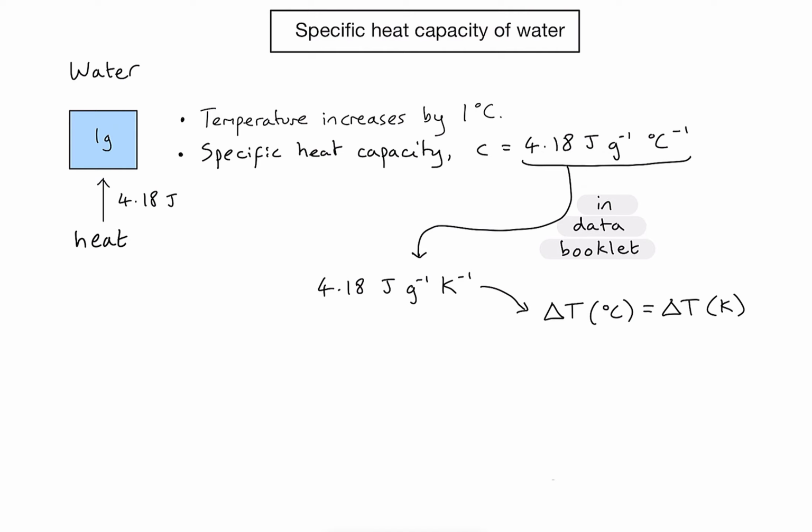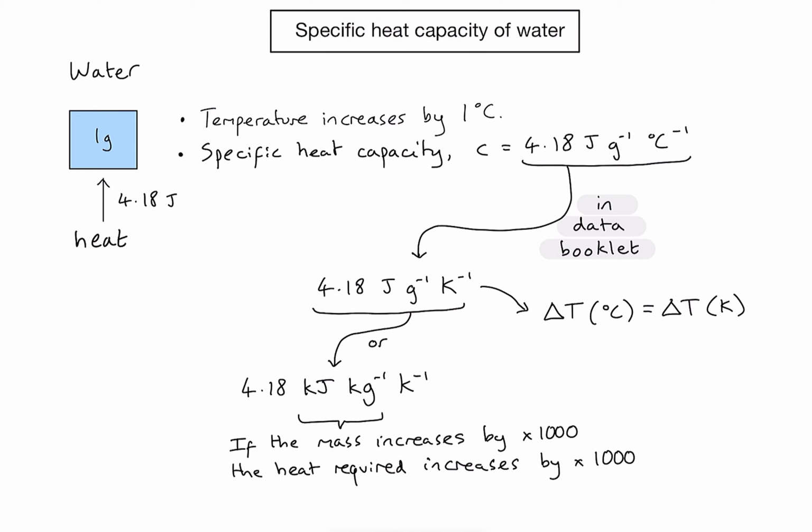The other way I might see this written in the data booklet is like this. We've got the same number, 4.18, but this time we've got kilojoules per kilogram per Kelvin. And that is effectively exactly the same as the units we saw before. It's just because if I increase the mass by a factor of 1,000 to get from joules to kilojoules, then the heat required is also going to increase by a factor of 1,000.